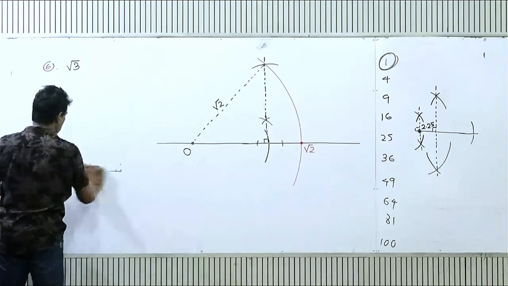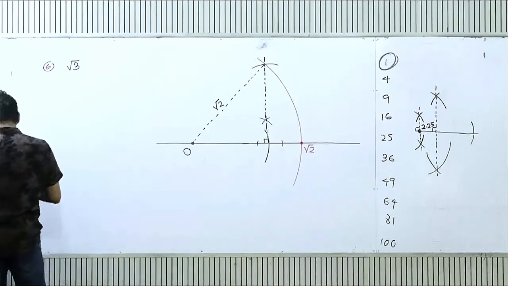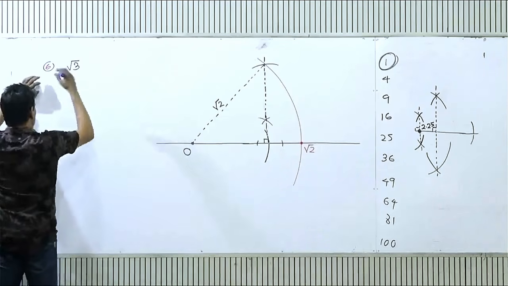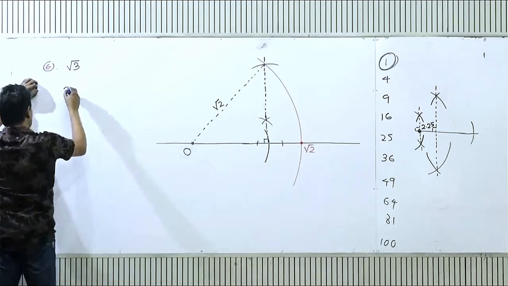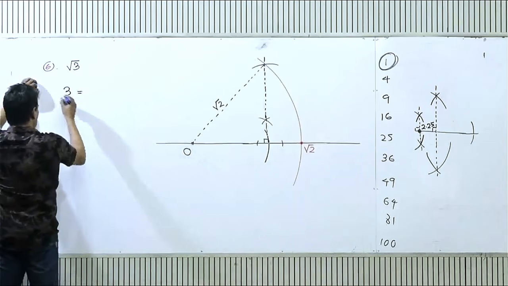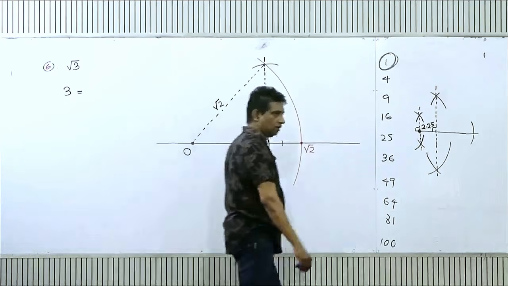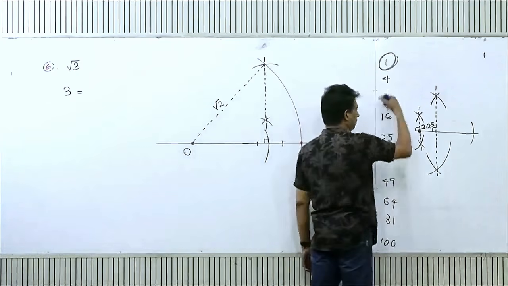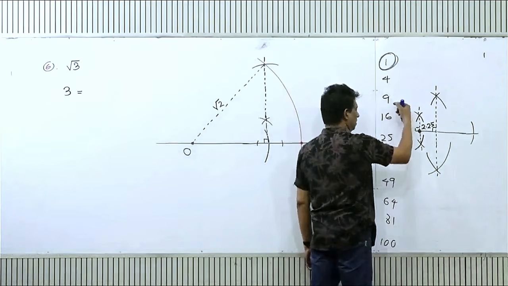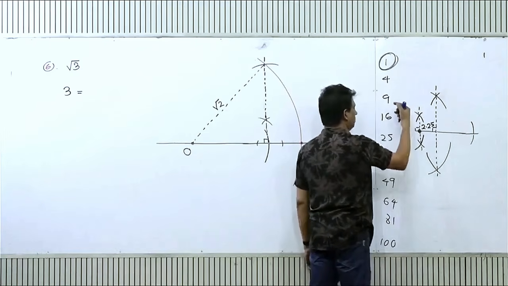Then you have to take this number without the square root, that is 3. Now we have to write this number, using square roots, as an addition or subtraction of two numbers.